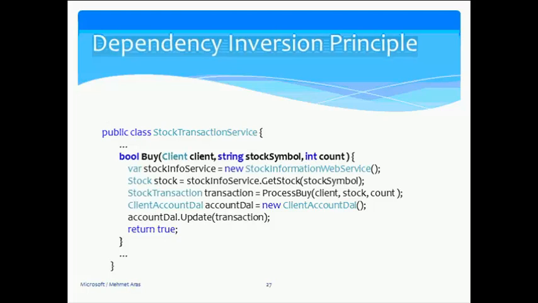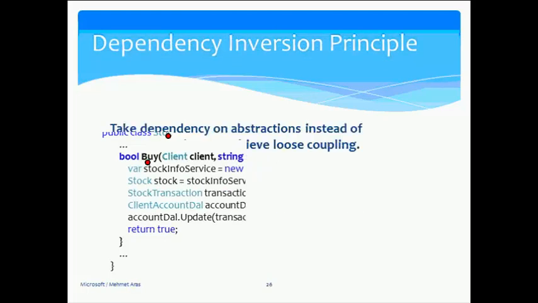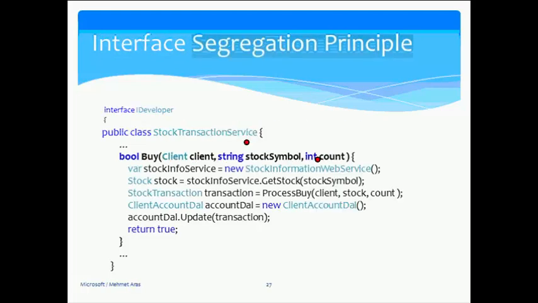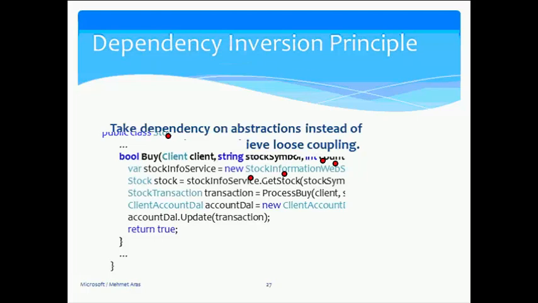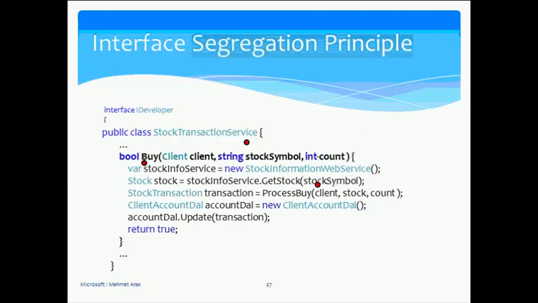So I have a stock transaction service, and it has a buy method. I pass the client information, stock symbol, and the amount of stock that this client wants to purchase. Now, this buy method apparently needs to reach out to a web service to get stock symbol information. So I pass the stock symbol, and I get the stock information.